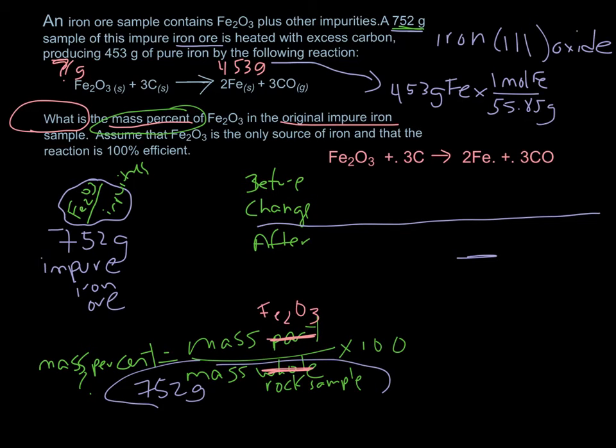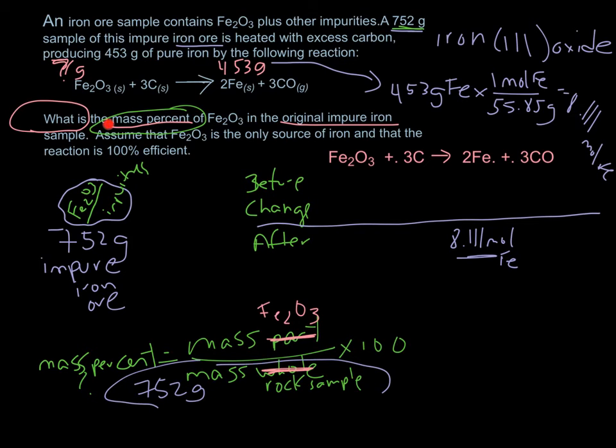It'll be more. And in 453 grams of iron we will have 8.111 moles, I'm taking it out to an extra significant figure, of iron. So that's how many I'll have at the end here. 8.111 moles of pure iron at the end of the reaction.